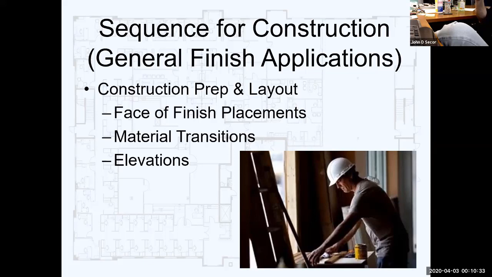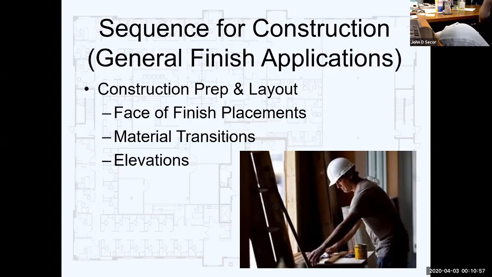You may have to come up with some transition device like maybe a lintel or a threshold that helps make those transitions. But in either case, placement is not just up and down, but it's also how far off the surface something occurs. So those material transitions can be very challenging.